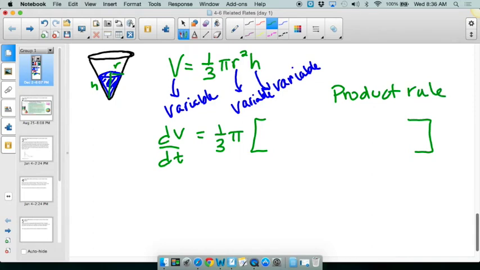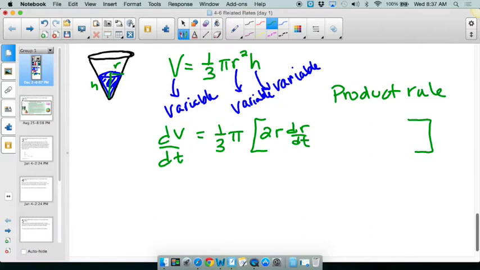So let's take the derivative of r squared. What's the derivative of r squared with respect to t? 2r r prime, so 2r times dr/dt. So there's the derivative of r squared.